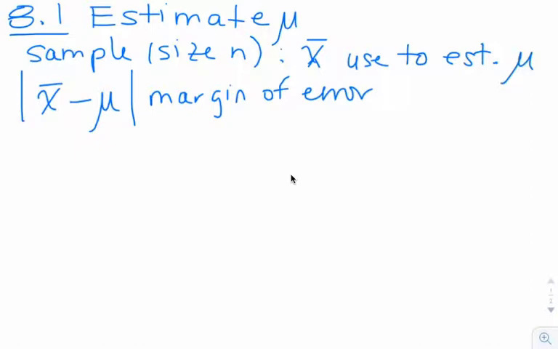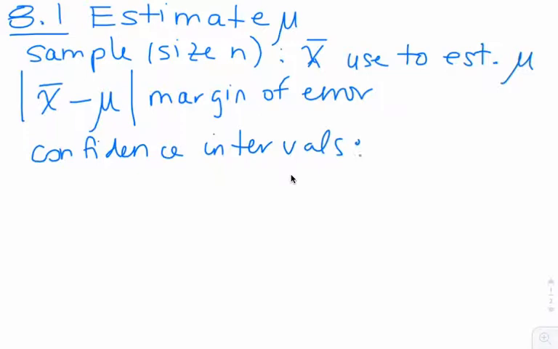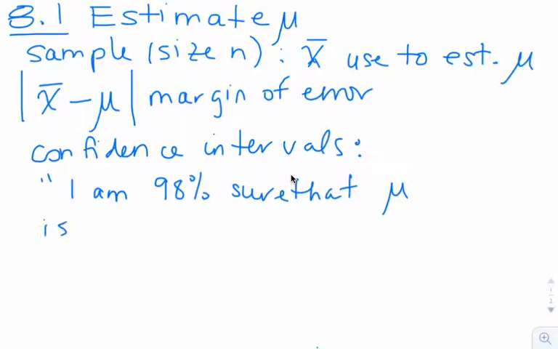So what we're going to want to do is go back to our confidence intervals. And we would like to say something like, I am 98% sure that mu is between, let's say, x bar A and x bar B, between two values.